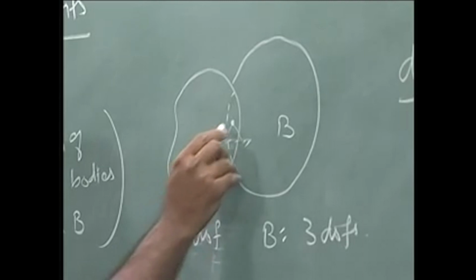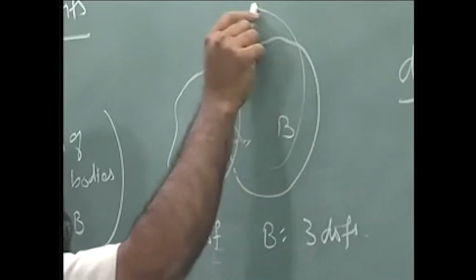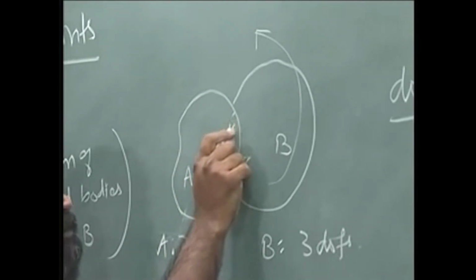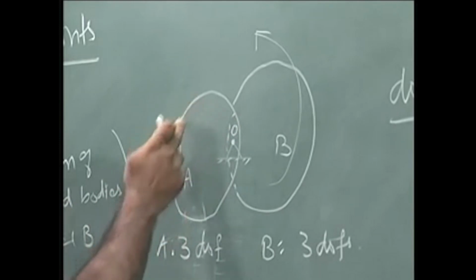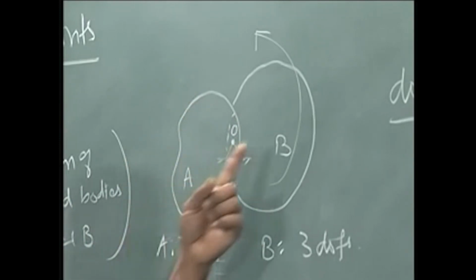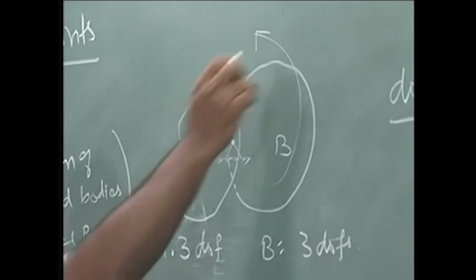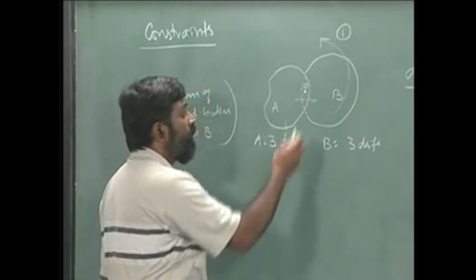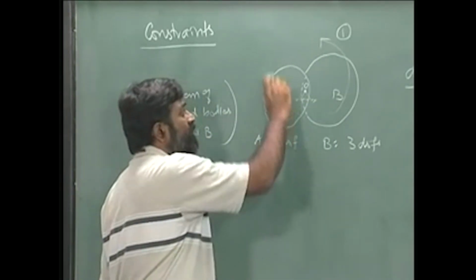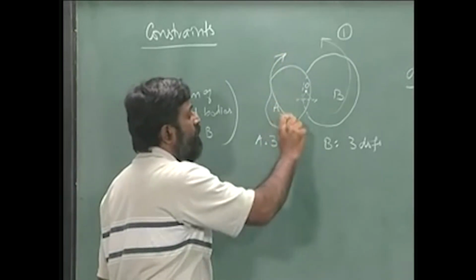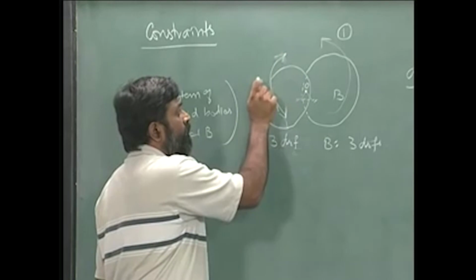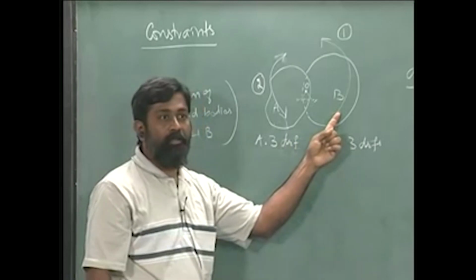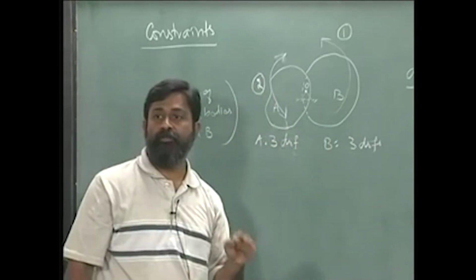Then I know that about this particular point, let me call this O, this B can rotate, and about this point again A can rotate independent of B. So I have 1 degree of freedom for B to rotate, and for A to rotate either this way or this way, independently. So I have one independent rotation of B and one independent rotation of A possible.